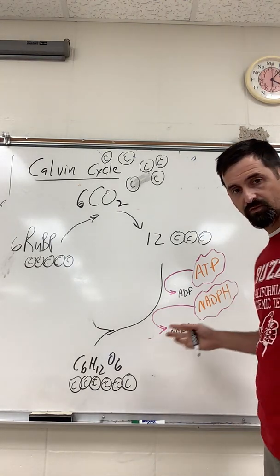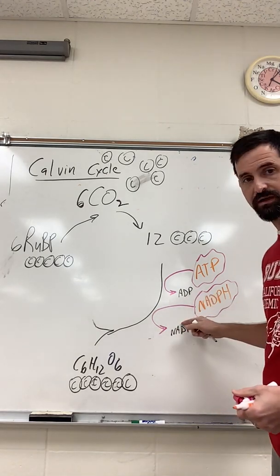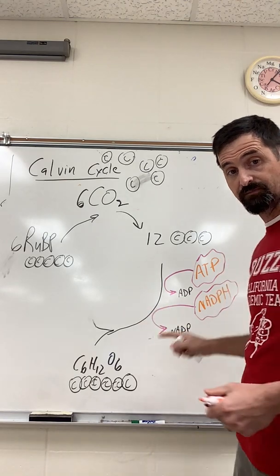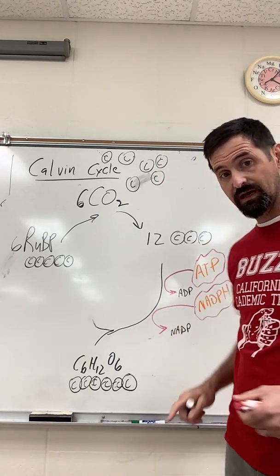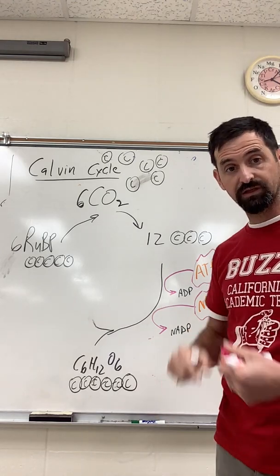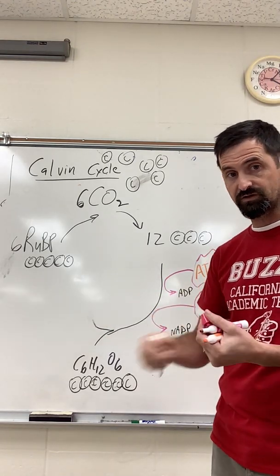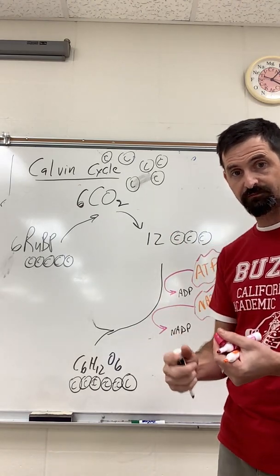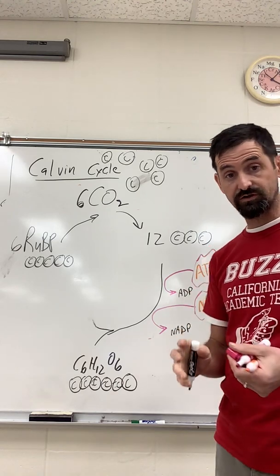Well, what are we going to do with those? Are they just useless? No, we're going to send these two products back to the light reactions so ATP can get recharged with ATP synthase, and NADPH will be able to catch another energized electron coming out of the electron transport chain in the photosystems. So they're going to go back to the light reactions and get recharged.